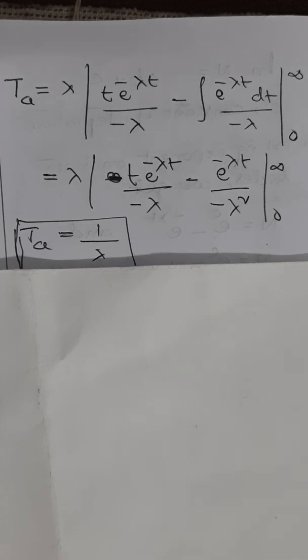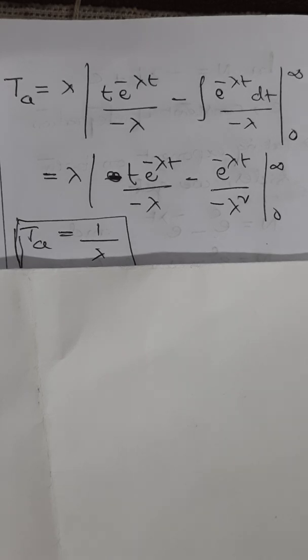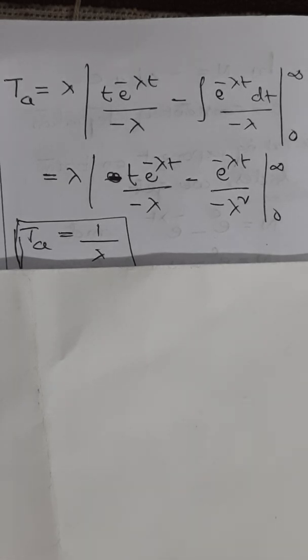From that we got the expression for the half-life period, T half, in terms of the decay constant lambda. The half-life we found as 0.693 by lambda, where lambda is the decay constant or disintegration constant.